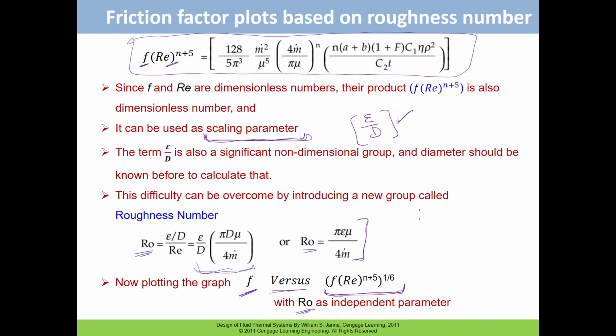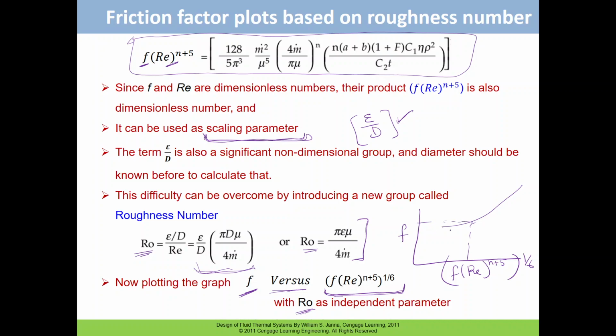If we have some sort of curve, with f here and here f Re to the power n plus 5, and this whole to the power 1 by 6, then we can find f.